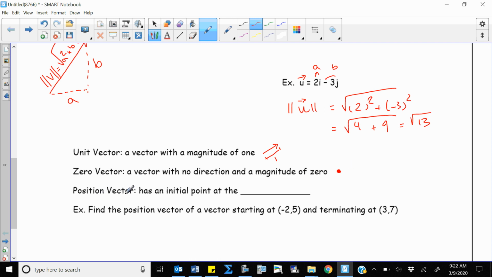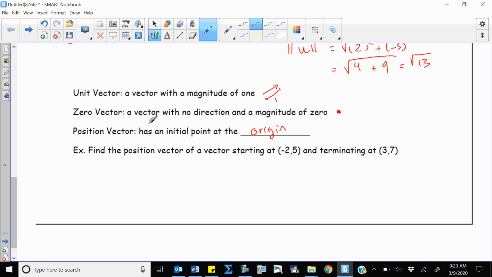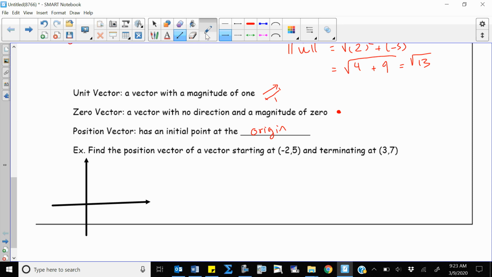What is a position vector? A position vector has an initial point on the origin. For example, let's draw a vector here. Let's say I have a vector which starts at (-2, 5) and ends at (3, 7).